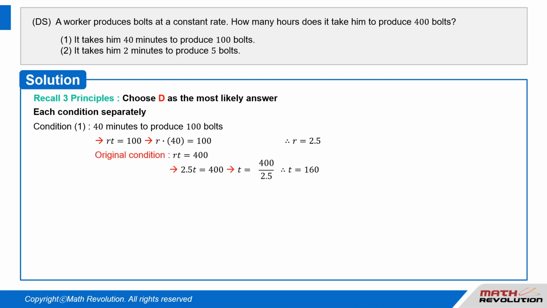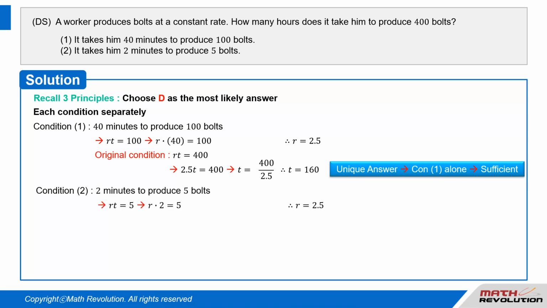Substituting R equals 2.5 in the original condition, R times T equals 400, we get 2.5 times T equals 400. That is, T equals 400 over 2.5 equals 160. Since it is a unique answer, this condition is sufficient.